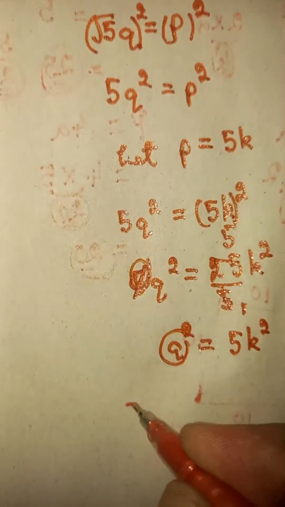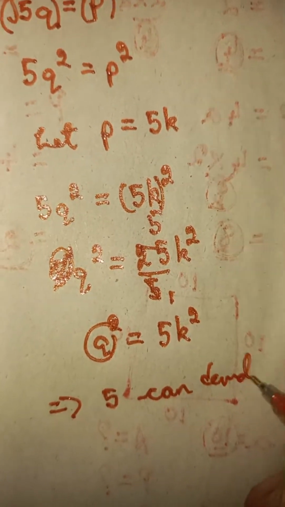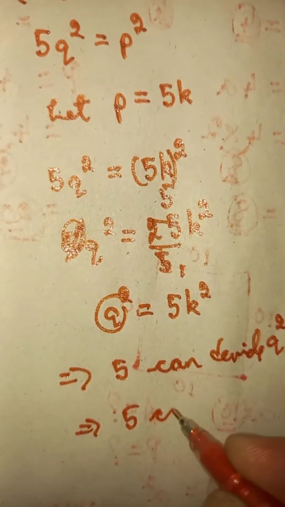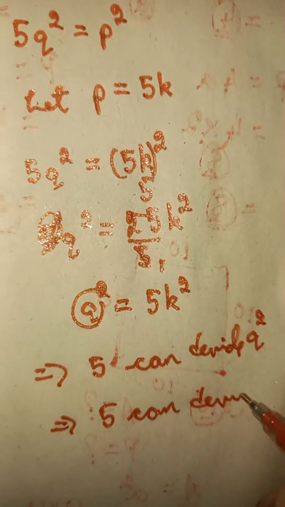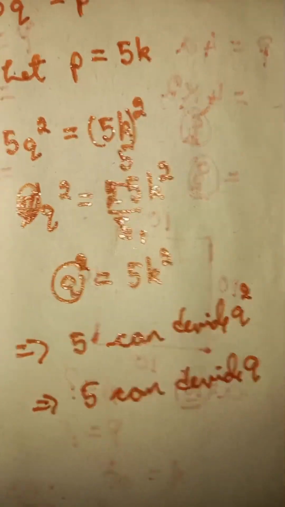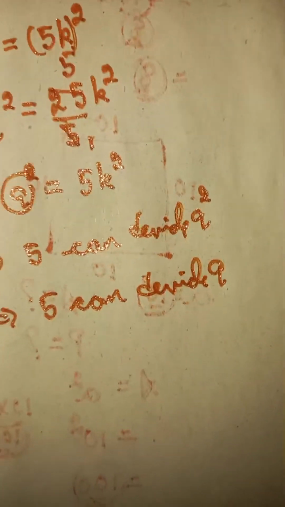5 can divide q squared. So 5 can divide q, because if it divides q squared, and we took them as coprime numbers, they don't have any common factor, so 5 can divide q.